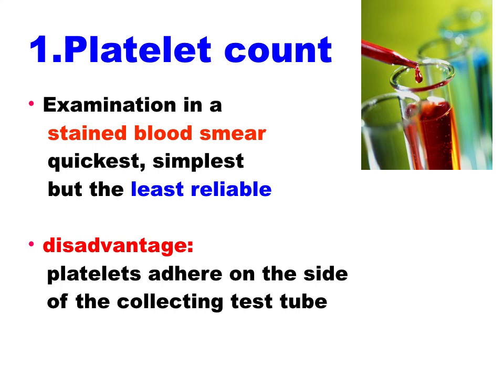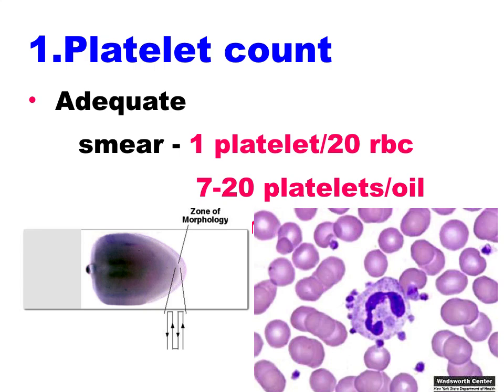We must mix appropriately the blood in the test tube before making a peripheral blood smear. Or what we can do is to create a smear directly if you are collecting blood before putting the blood into a test tube.